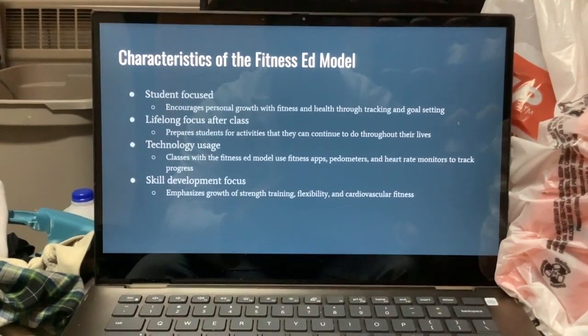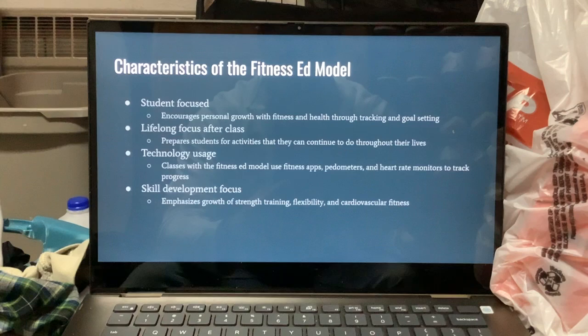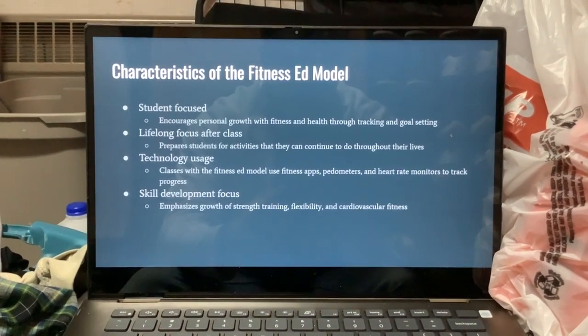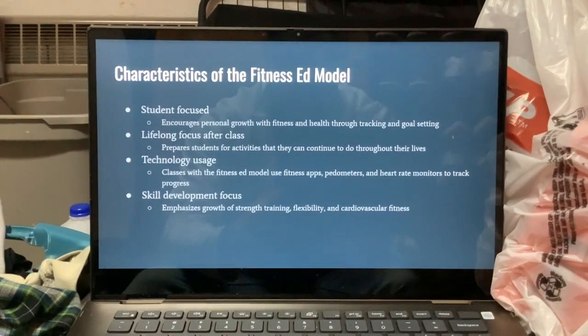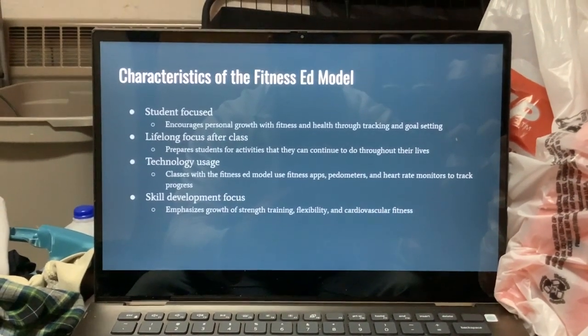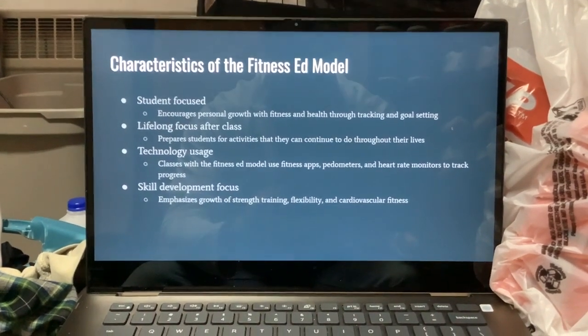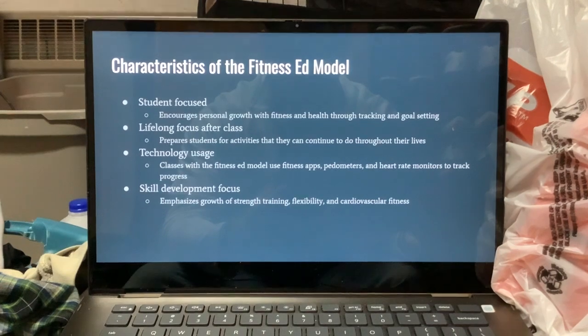One of the other big characteristics is its skill development focus. It emphasizes growth of strength training, flexibility, and cardiovascular fitness. This all depends on the unit and the goal that the teacher has for the students.